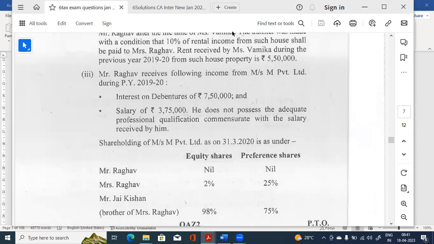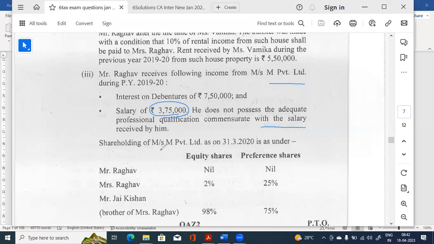3,75,000 is the amount received. From whom? From M Limited. When we looked at it, we thought there's no issue because it relates to M Limited.